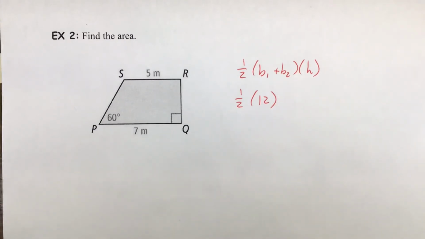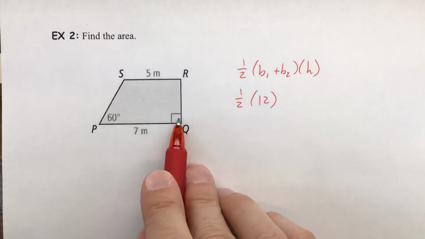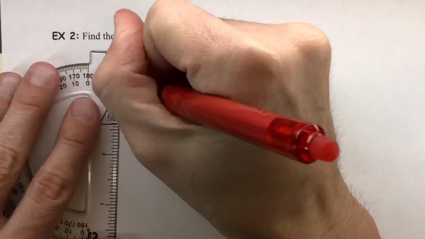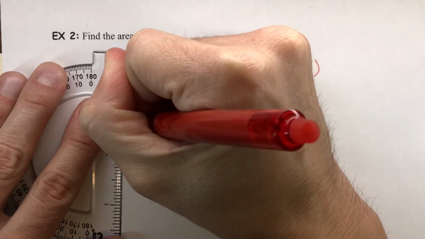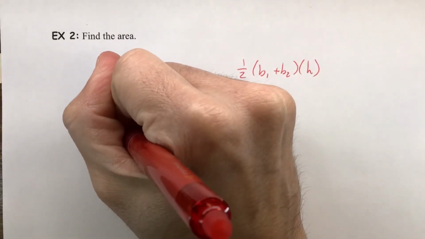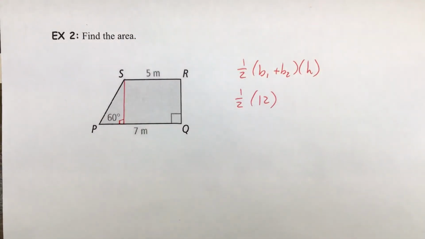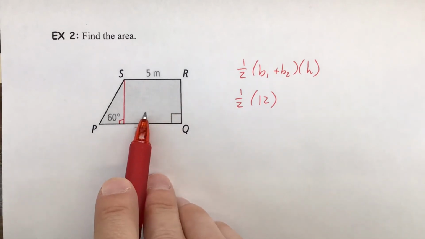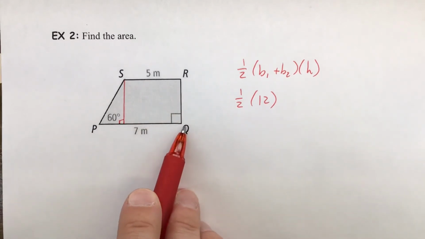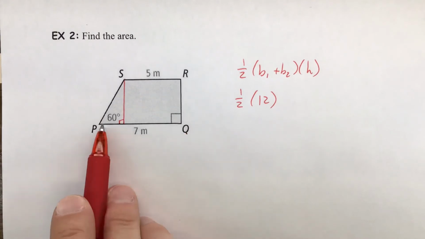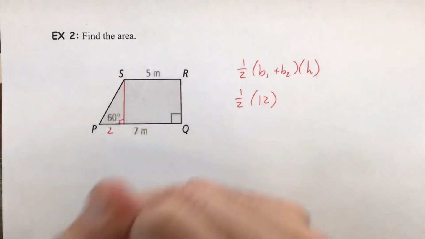Well, the trick is to draw the height in a different spot. We're going to go ahead and make a perpendicular there. And when we do that, this creates a rectangle, which means that from this point to Q is going to be worth 5 units. So from P to that point, we've got 2 units.